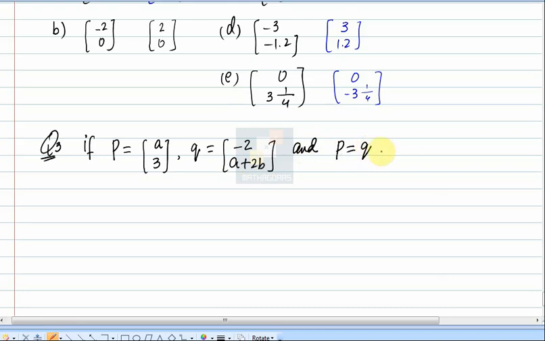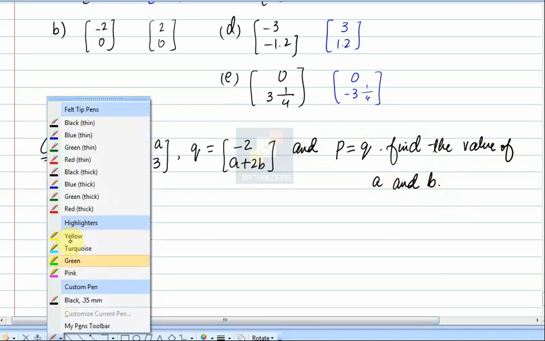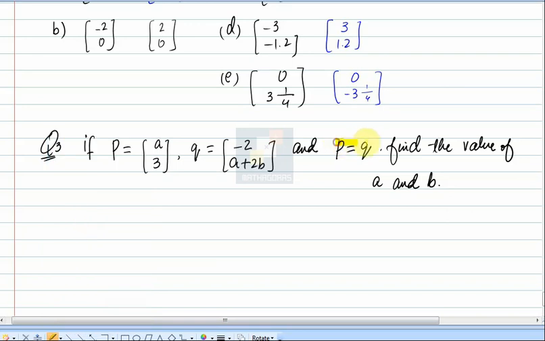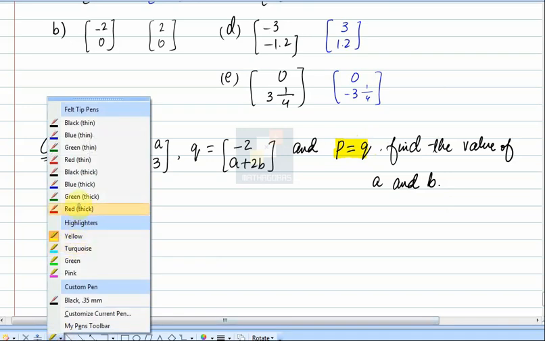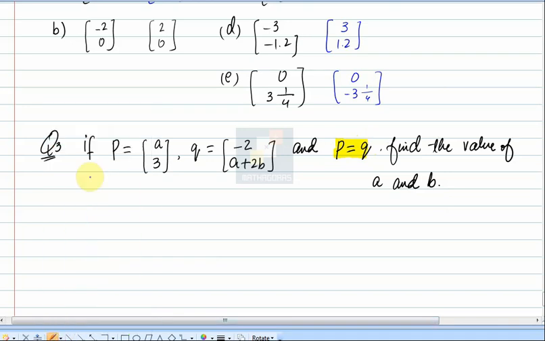Find the value of A and B. Now basically, that condition here, what does it represent? It represents that both vectors are equal vectors, right?